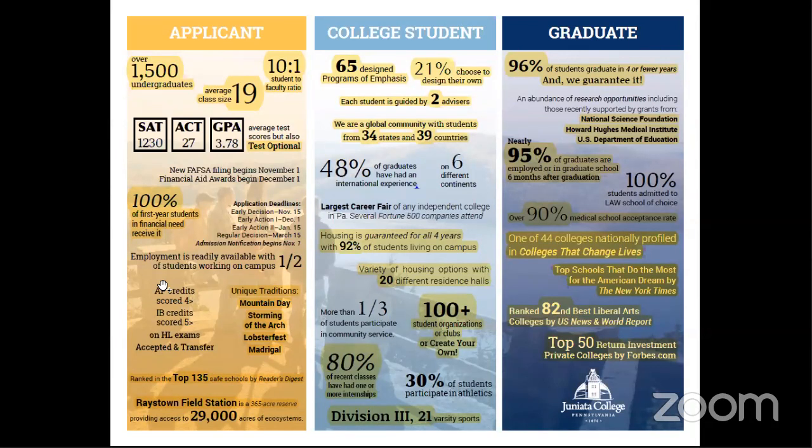Juniata believes that for students to have real-time working experience in the global scenario, Juniata should empower every student with internship opportunities. And that is what Juniata is doing. 96% of the students graduate in four or fewer years. This is one statistic which Juniata is very proud of, and that is something very great at Juniata.